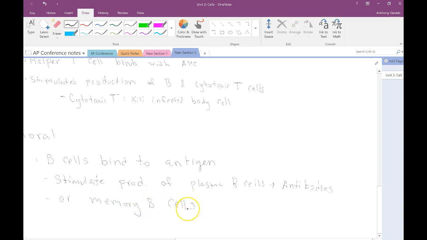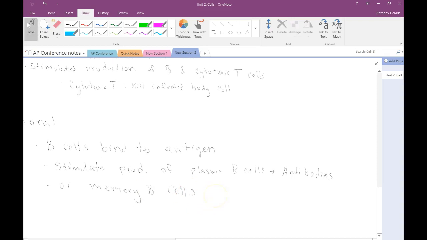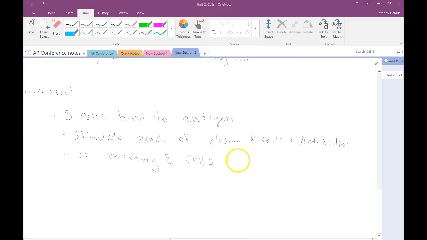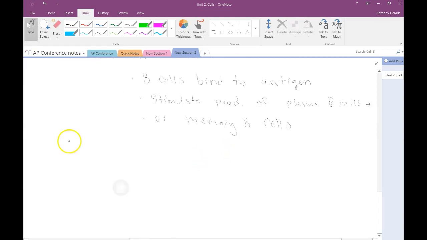If I've got memory B cells, that means now I know how to make these antibodies. And that's the last thing we got to write about, antibodies and immunity. Remember these antibodies? They've all got the same basic shape, this Y shape.